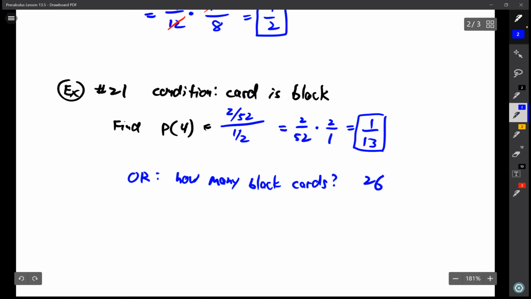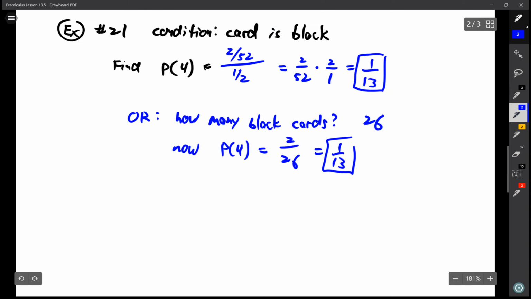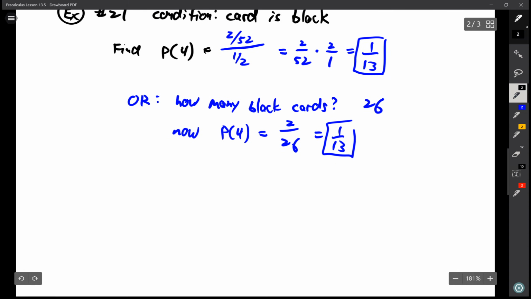And then P of 4. Well, there are 2 of them, so 2/26, which is our 1/13. All right, and one more example.